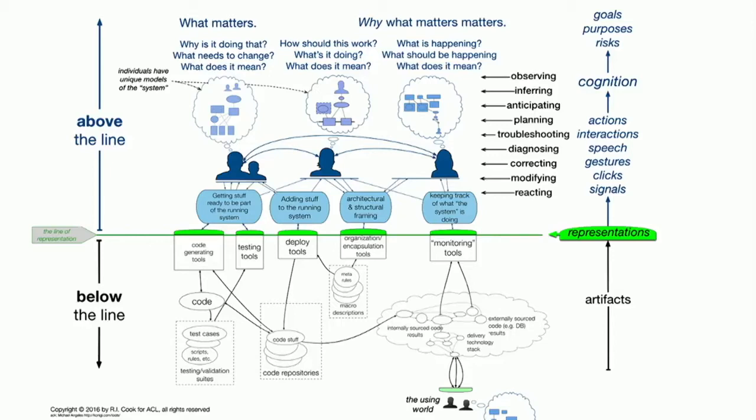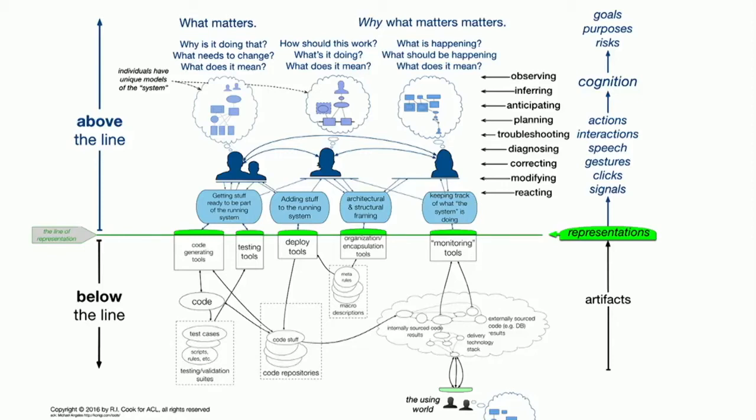You can think of those green things as the screens that you're looking at during the day. But the only information you have about the system comes from these representations. They're just a little keyhole, right? And what's significant is that all the activities you do, all of the observing, inferring, anticipating, planning, correcting, has to be done via those representations.